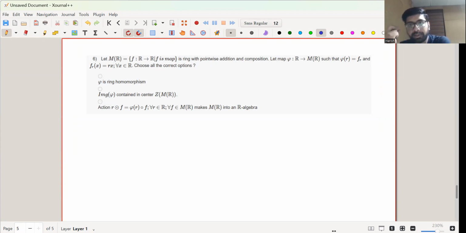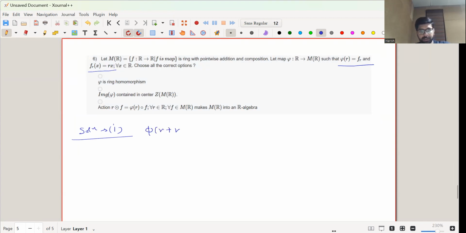Then phi is a map from R to MR such that phi of r is f_r, and f_r is just multiplication of an element of the ring by r. So it's just a multiplication map with some constant r. One has to choose all the correct options. First is phi is a ring homomorphism. What one has to do?